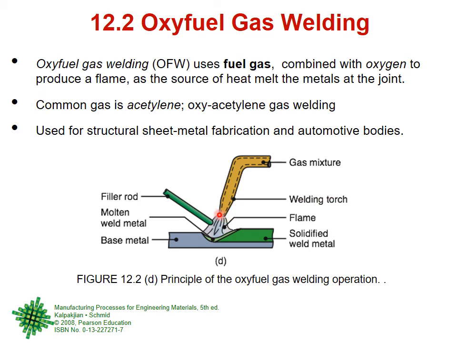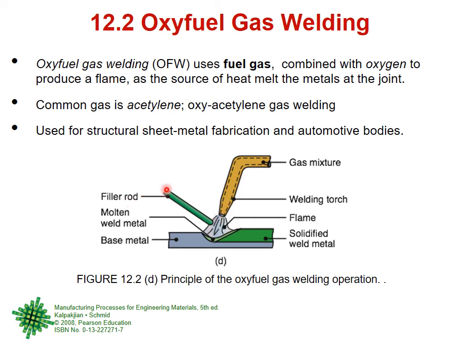This has a nozzle, right? And it is connected to the machine. So from the machine, from the cylinders, a gas mixture of oxygen and acetylene is coming. And here there will be a regulator to control how much oxygen and how much acetylene you are mixing and so on. And that will be coming at a certain pressure through this nozzle.